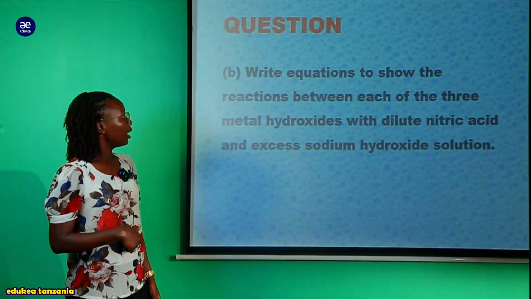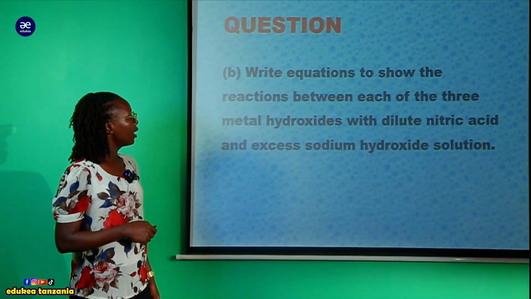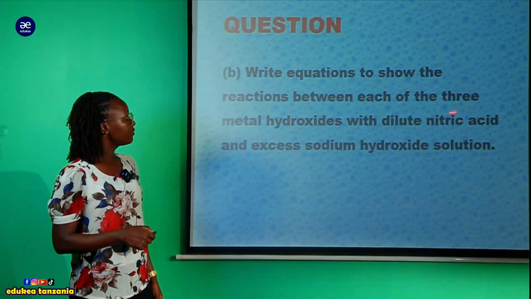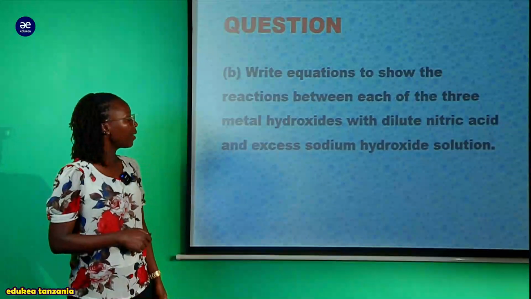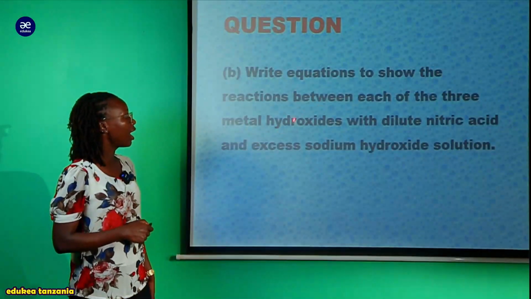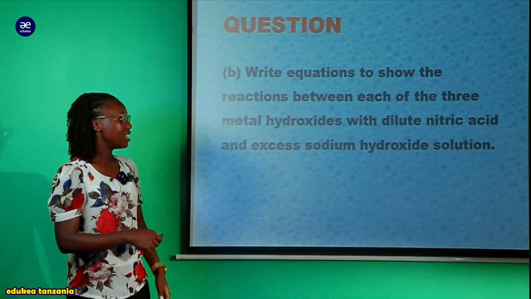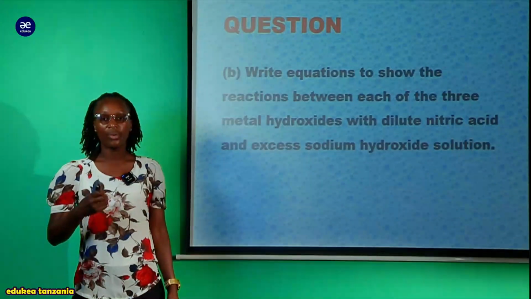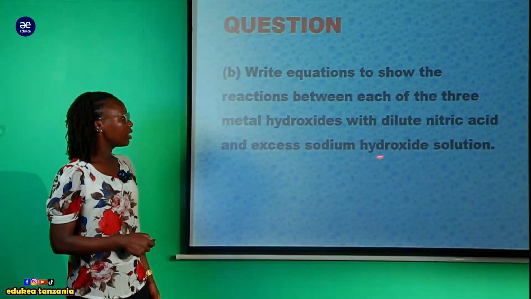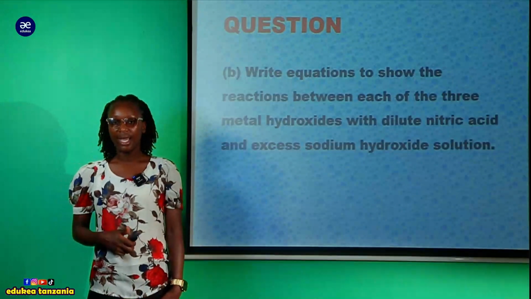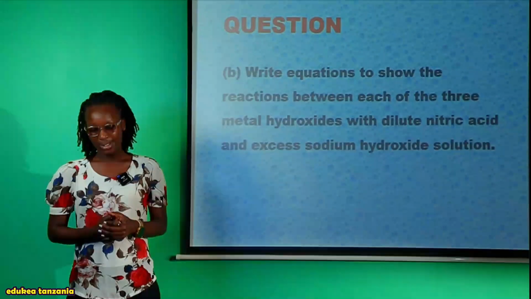Lakini pia ukaambiwa ushow au write equation kuonyesha reaction between each of the 3 metal hydroxides. Select the 3 metals of your own, ambazo hizo metal lazima ziwe ni metal hydroxides. When they react with the dilute nitric acid, what are we going to get? But also when they react with the excess sodium hydroxide solution, what are the products? So that is our question part B.